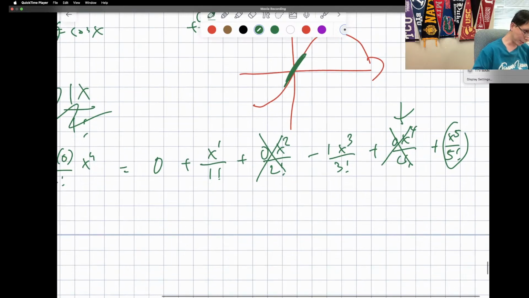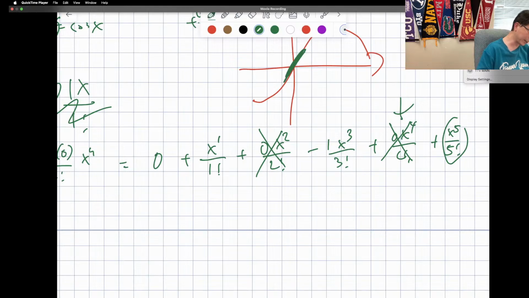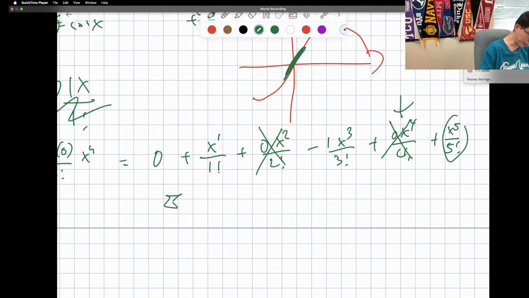So if you see, n equal to 0 to infinity here, the first term I want to be positive, so that has to be negative 1 to the n. Is that okay? Because that first term is 0, negative 1 to the 0 is what? 1.